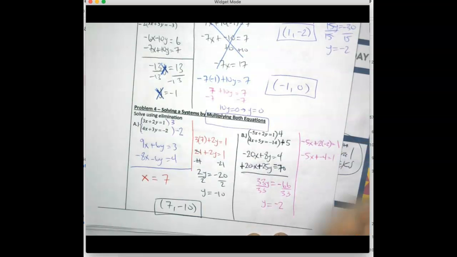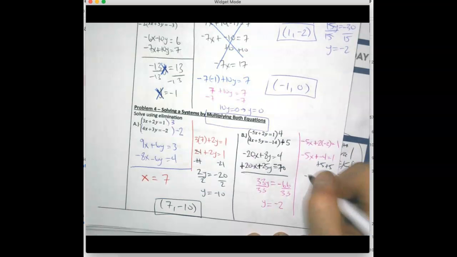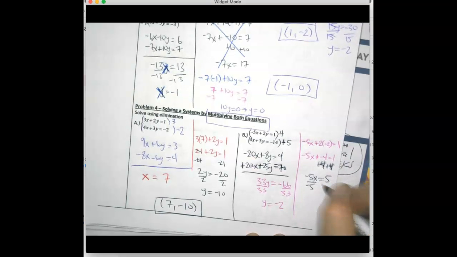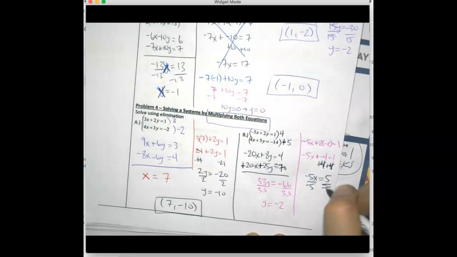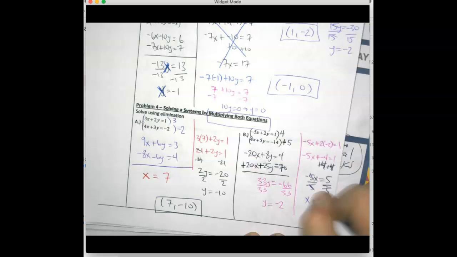I'm going to go ahead and add 4 here on both sides to get negative 5x equals, whoops, it should have been a plus 4. 1 plus 4 is 5. Now divide and done. Well, just about done. So 5 divided by negative 5, x is negative 1.